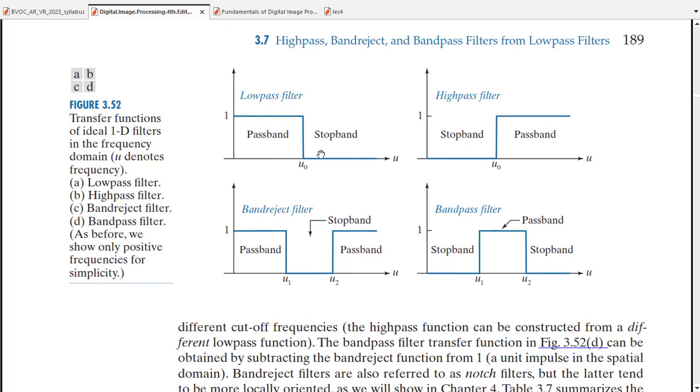Band reject means two pass bands with an intermediate stop band. Band pass means two stop bands with a pass band in the middle. This is called a band pass filter. Low pass, high pass, and band reject depend upon this value.